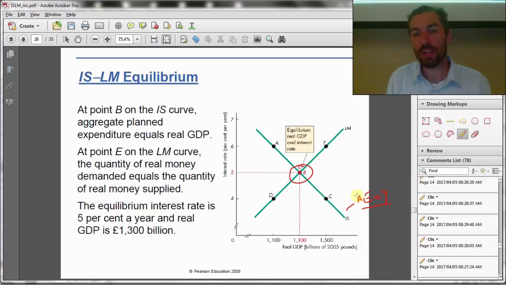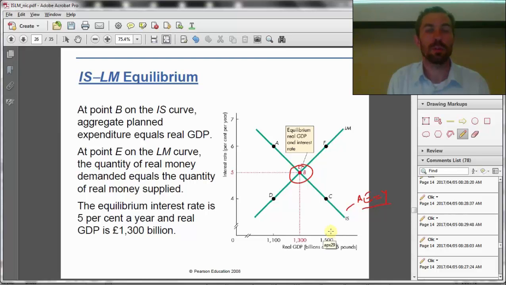As we shift aggregate expenditure, either up or down, we change the equilibrium level of output. And as the interest rate goes down, the aggregate expenditure curve shifts upwards, meaning that our equilibrium level of output in the aggregate expenditure model goes up.